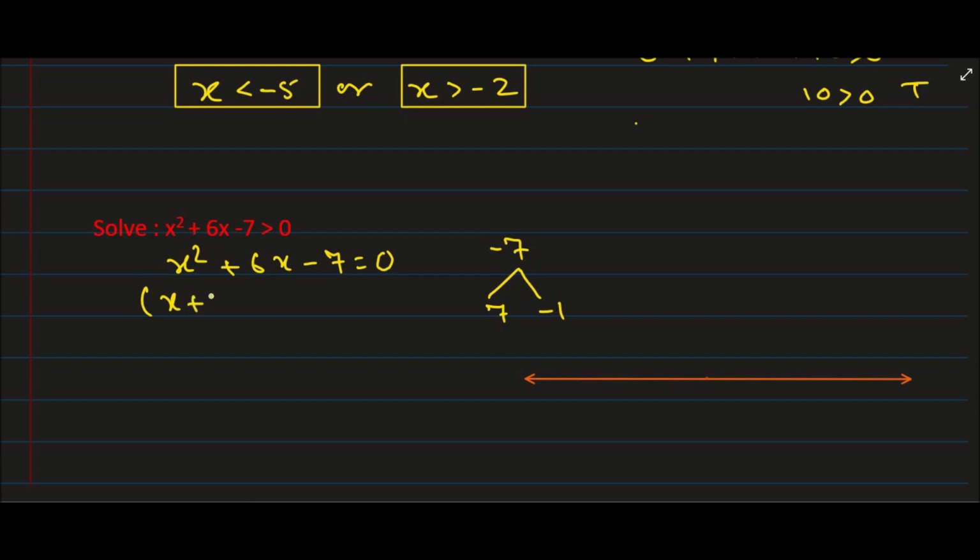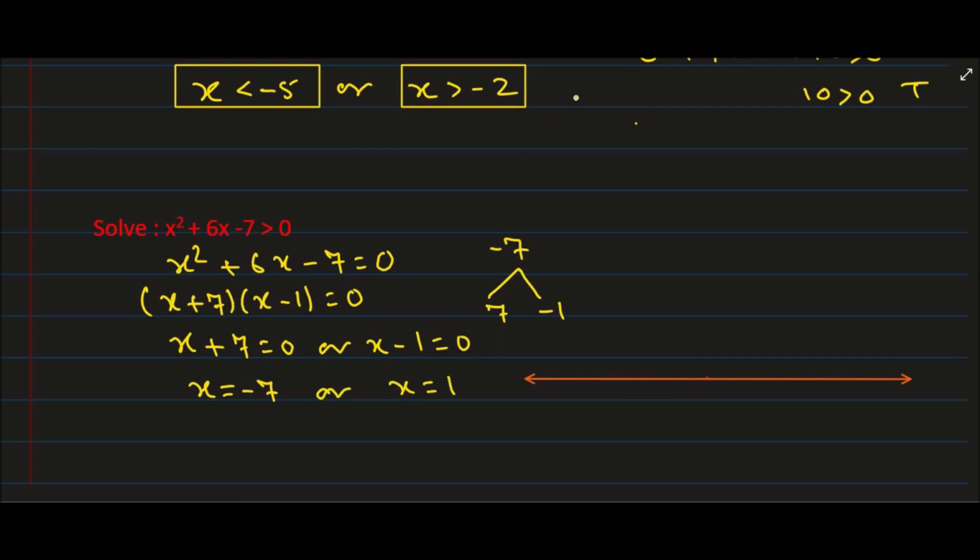So the factors are x plus 7 into x minus 1 equal to 0. This implies x plus 7 equal to 0 or x minus 1 equal to 0. That means x equal to minus 7 or x equal to positive 1.